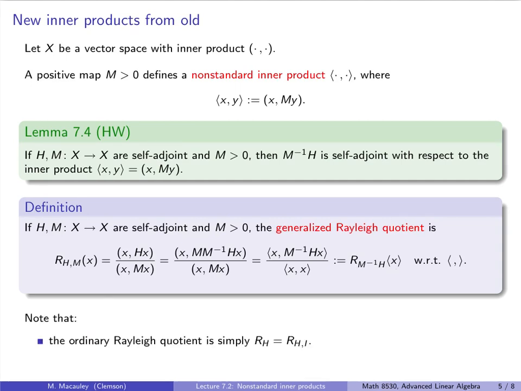So, several easy comments. The ordinary Rayleigh quotient is simply the generalized Rayleigh quotient with respect to the identity map. And next, something I just said, but I want to emphasize, the generalized Rayleigh quotient is an ordinary Rayleigh quotient, just with a different inner product structure.